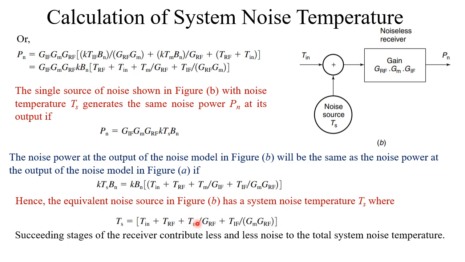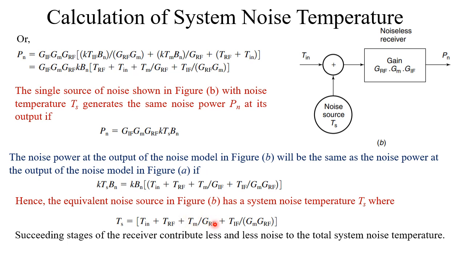But look at the second stage, mixer stage. This is the noise contribution from the mixer stage divided by GRF. What is GRF? It is the gain of the RF stage, right? So since this GRF is in the denominator, the more the value of GRF, the lesser will be the overall contribution of the mixer, right?